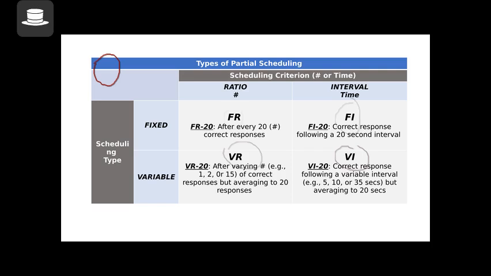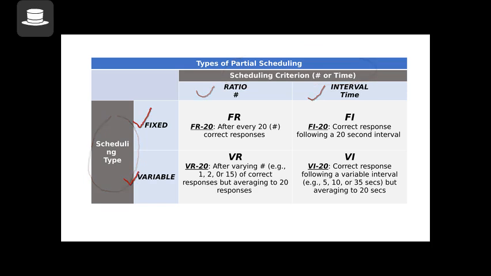This is a 2x2 matrix table, and you can think of it like 2 variables here. One is scheduling criterion, the other one is scheduling type. There are 2 types of scheduling criterion: ratio and interval. There are 2 types of scheduling type: fixed and variable.